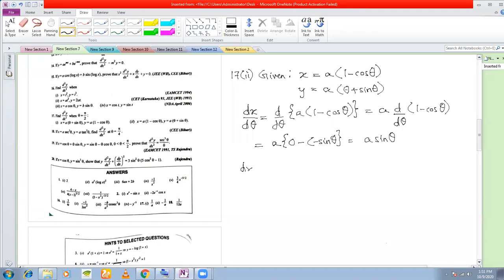And what is dy d theta? It is d theta of a into theta plus sin theta. Take a out, you get d theta of theta plus sin theta. You get a times 1 plus cos theta, since d theta of theta is 1 and d theta of sin theta is cos theta.